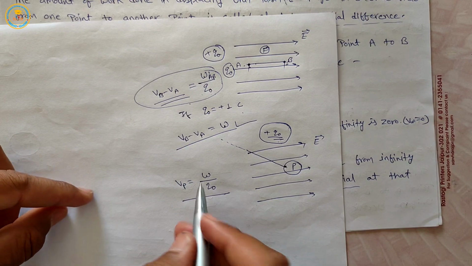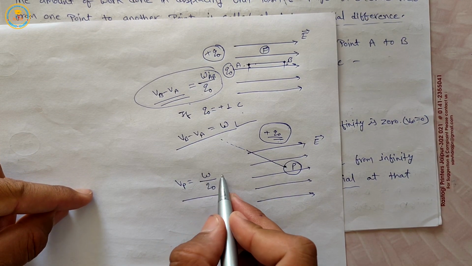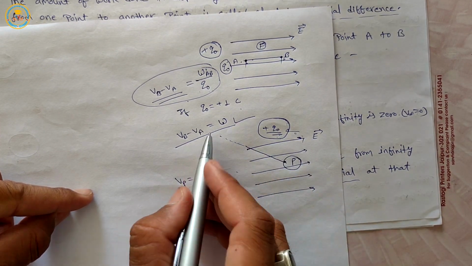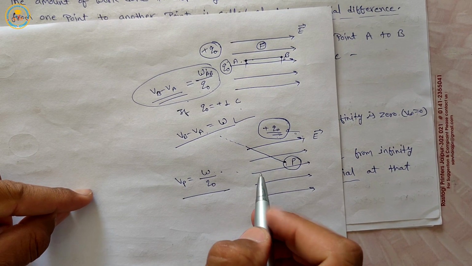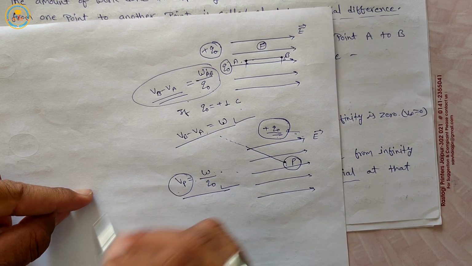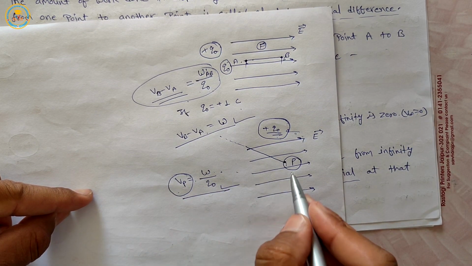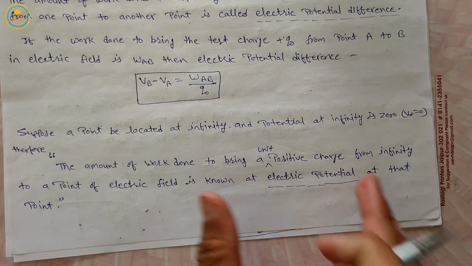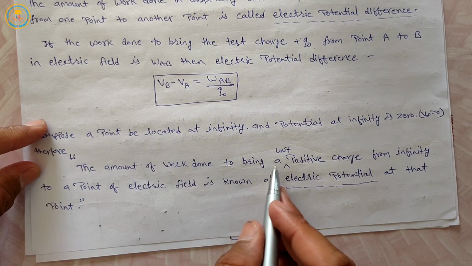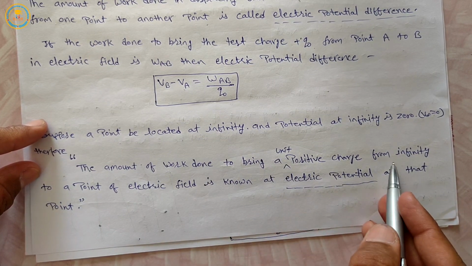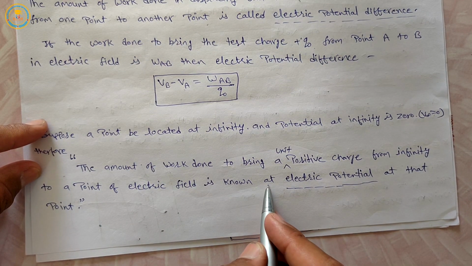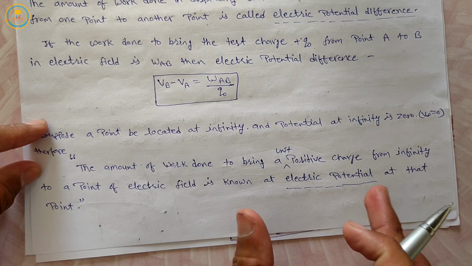So we can say that the ratio of the work done to bring the test charge Q naught from infinity to point P and the magnitude of the test charge is equal to the electric potential at point P. Okay, I repeat, the amount of work done to bring a unit positive charge from infinity to a point of an electric field is known as the electric potential at that point.